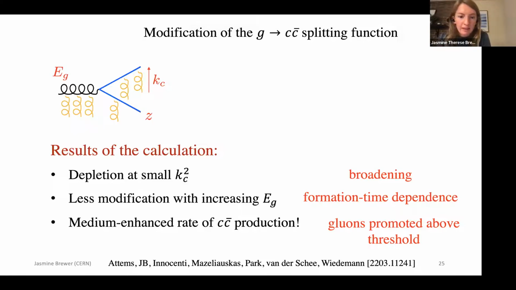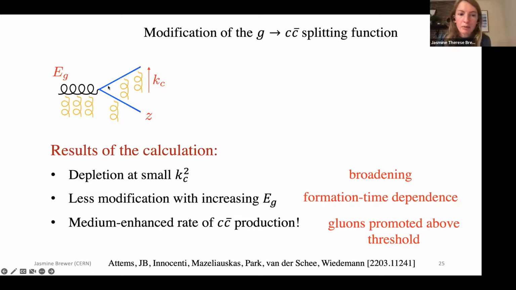One thing which was quite surprising to us is that you can actually have interactions with this gluon that enable it to split to a CC bar pair when it wouldn't have otherwise. Conceptually, you can think of this as a gluon which didn't have sufficient virtuality to produce a charm quark pair being promoted above threshold through interactions with the medium.